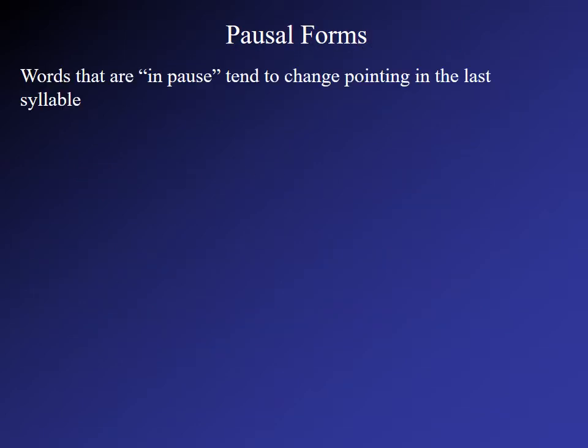Okay, so pausal forms, words that are in pause, tend to change pointing in the last syllable. So, for instance, the word devarai, meaning my words. Notice that in this form, which is non-pausal, we have a patach here. In the pausal form, we have a qamets here, and you see the atnach there.